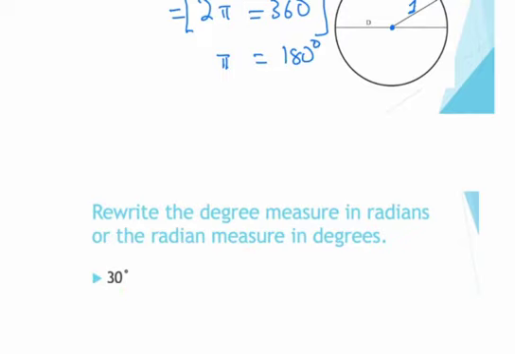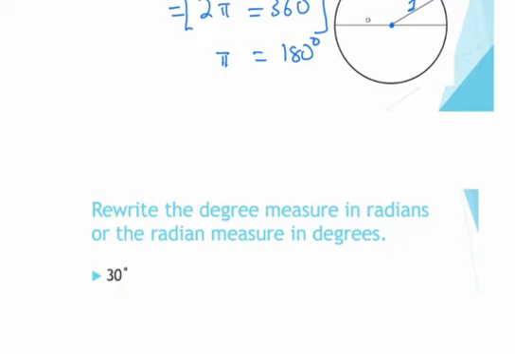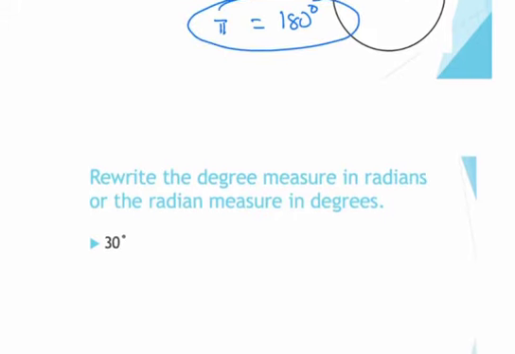So I begin with 30 degrees, and I'm going to use this as my conversion factor right here. So let's watch how to do this. So I start off with 30 degrees, okay? Now I want degrees to cancel off, so I'm going to put my degrees down in the denominator. That's 180 degrees. 180 degrees is the same as pi radians, okay?